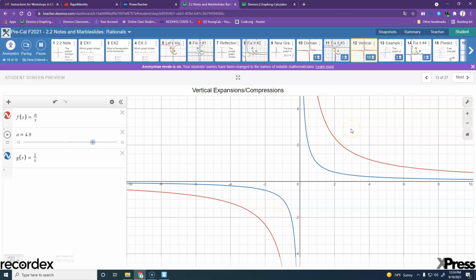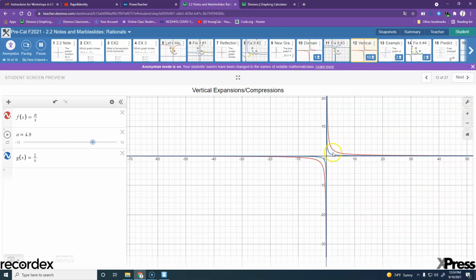It's stretching it here. These are a little bit hard to think of. Because as you stretch it, it's going to kind of take the curve out of that. So this is an expansion. Here, when we put that bigger number there, it's a compression whenever you put that number that's smaller.